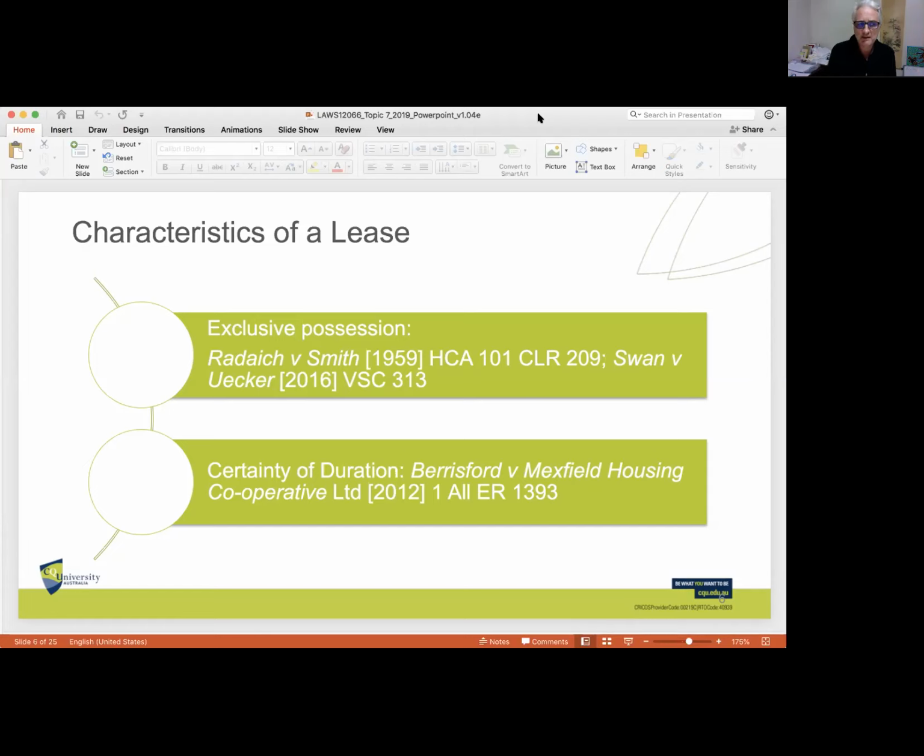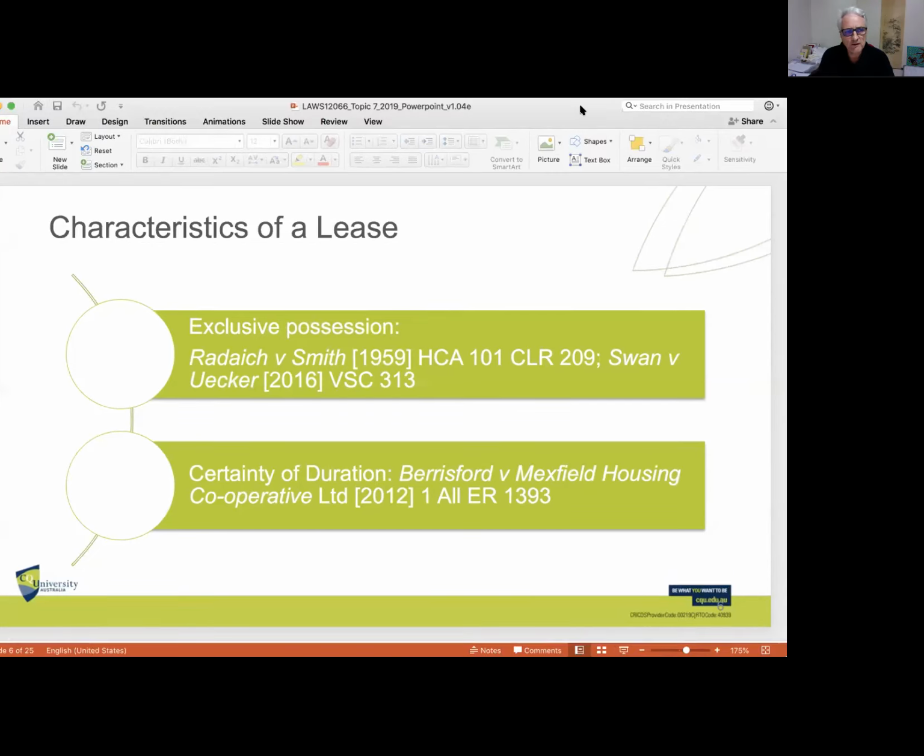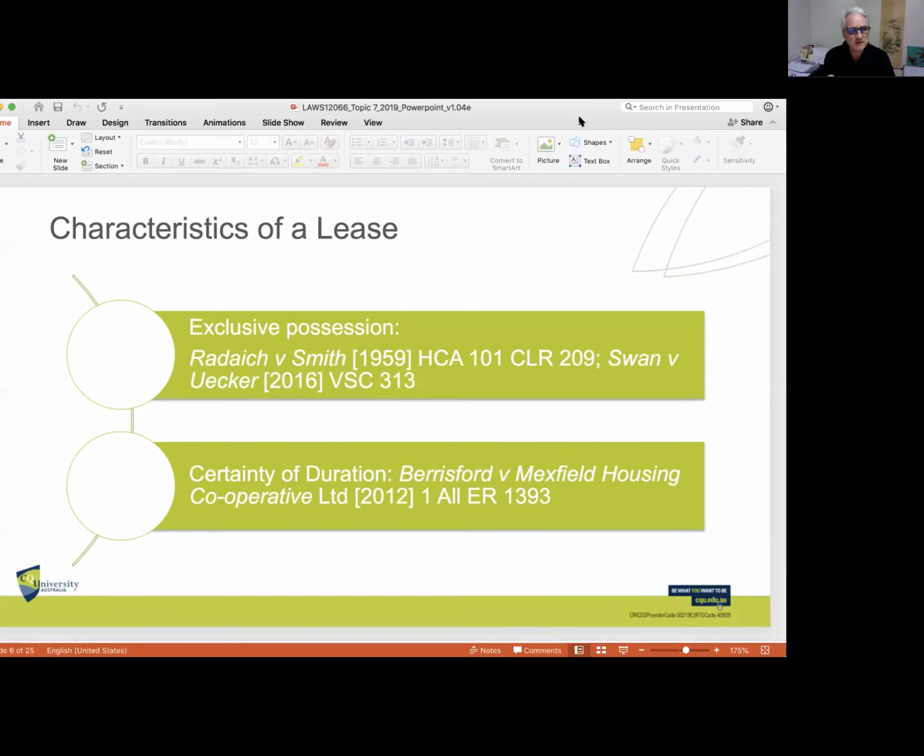Does the lessee have exclusive possession for the period of the lease? And is there a certainty with respect to that period of the lease? What's interesting about nominating and identifying these characteristics is the fact that you don't see mentioned there the idea of rent. And you might say to yourself, really?